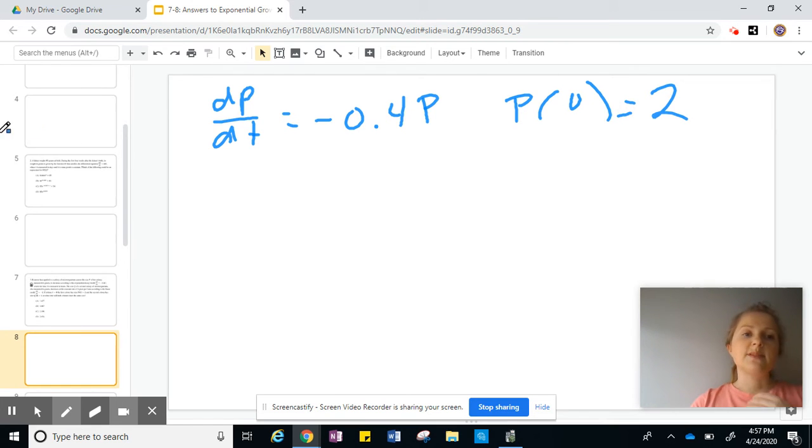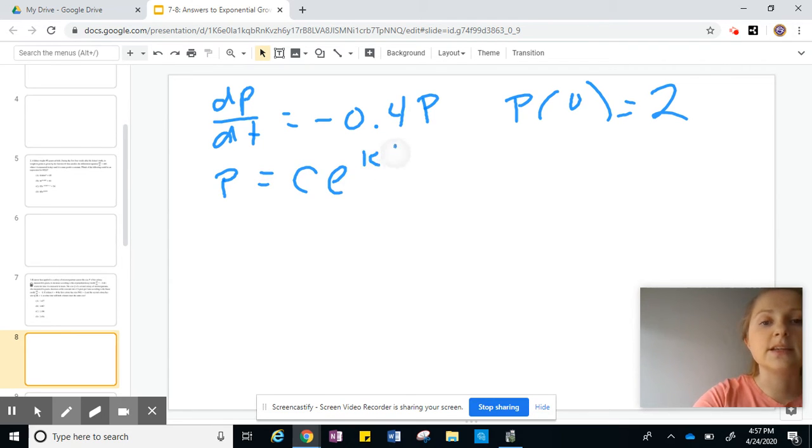Since this is in this form, we know that p equals c e to the k times t is our general solution. And like I said in the first problem, if they give you t equals 0, that means that value is your c value. But now let's refresh our memories on why that happens.